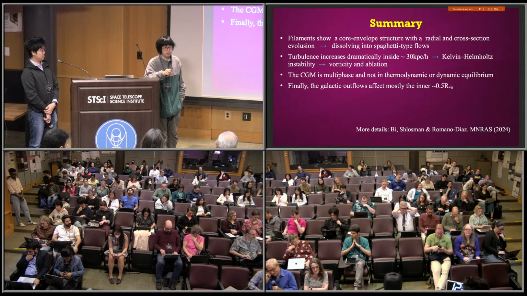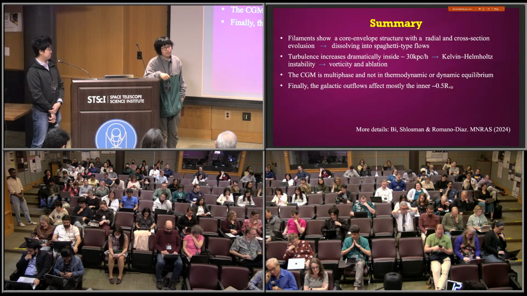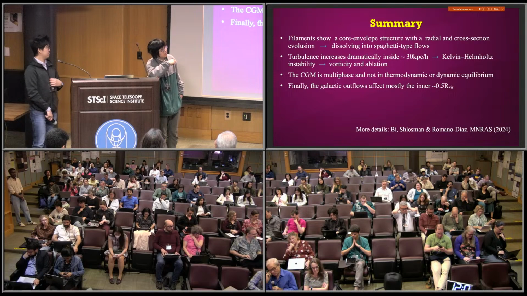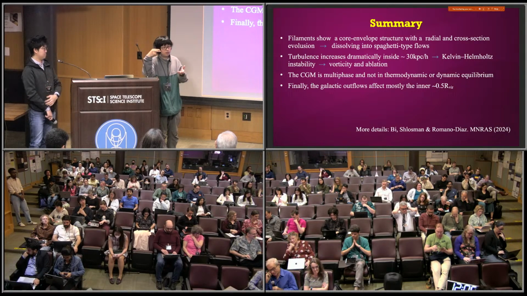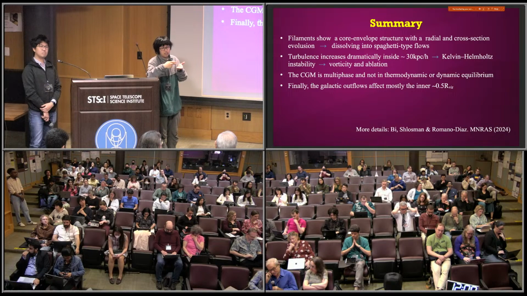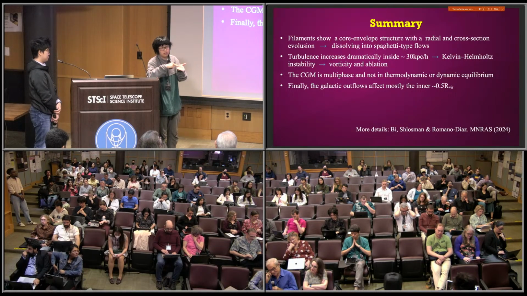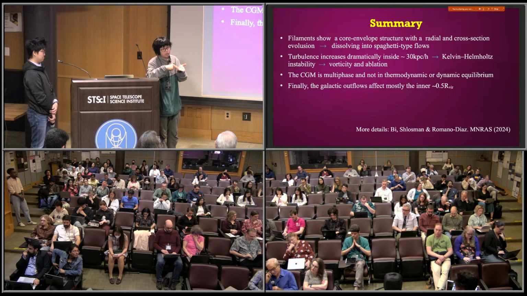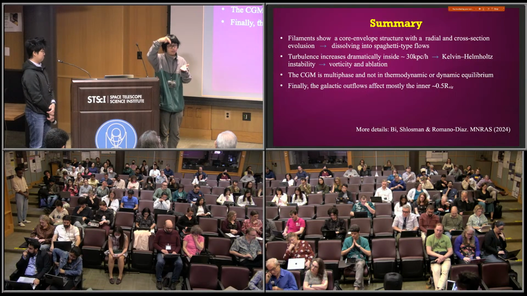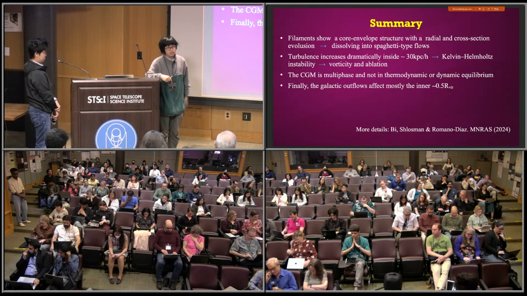It's not the same direction as how the filament is falling into your galaxy. Also, sometimes the filaments fall in at a not so large angle with respect to the disk plane, but in some cases you can also have a 90-degree inflow from these filaments.